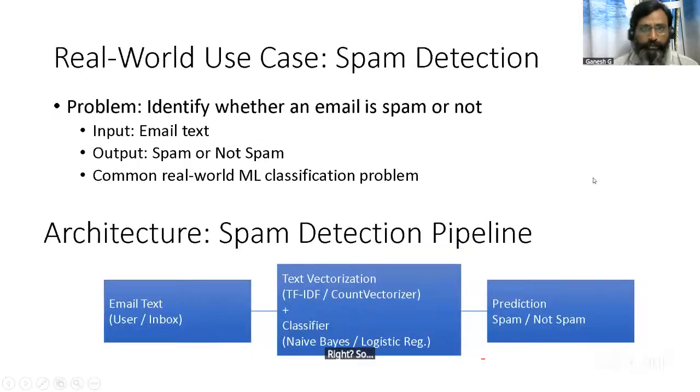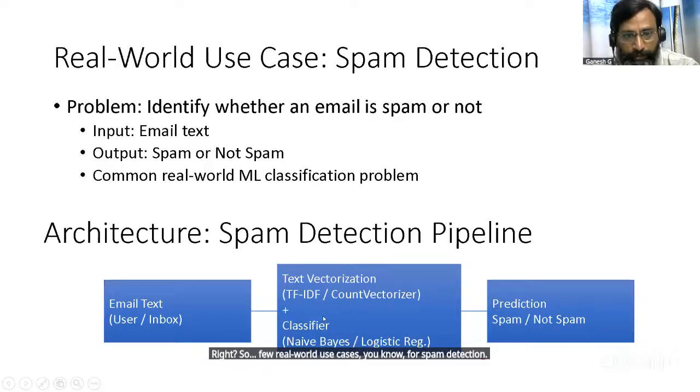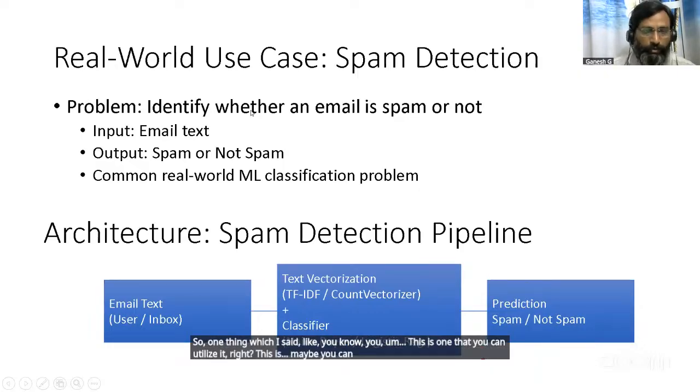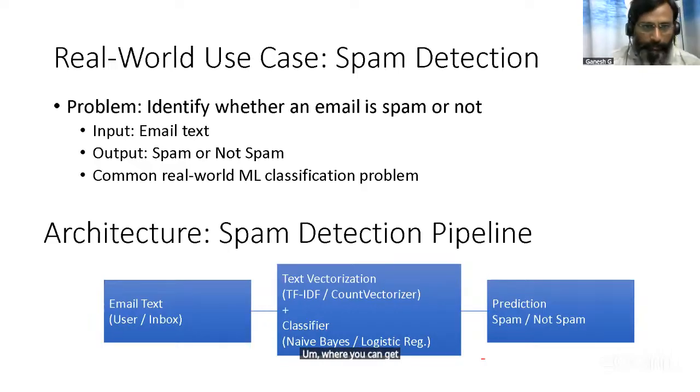A few real world use cases, for spam detection. This is one that you can try on your own, where you can build a simple pipeline with an email text like a user one.